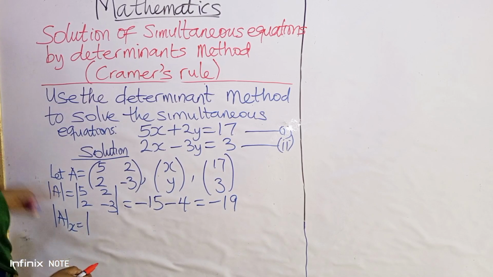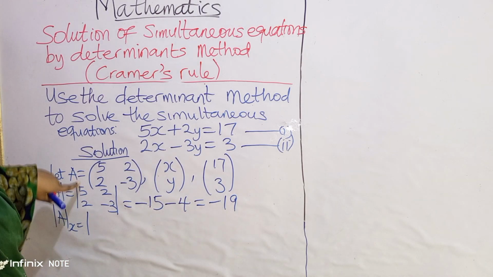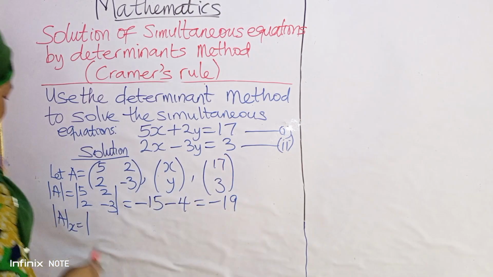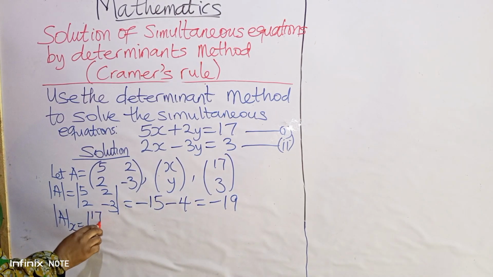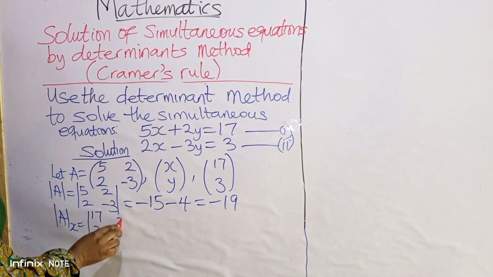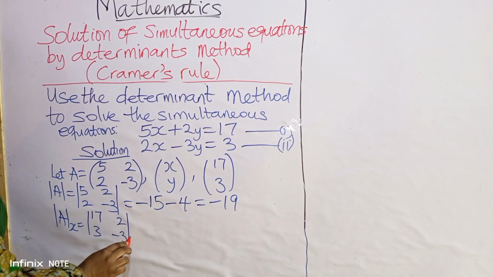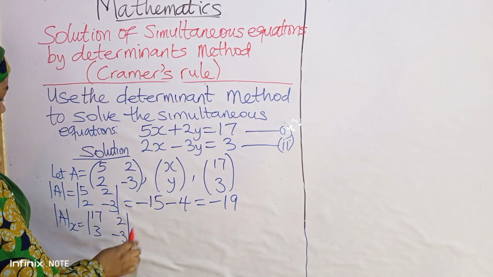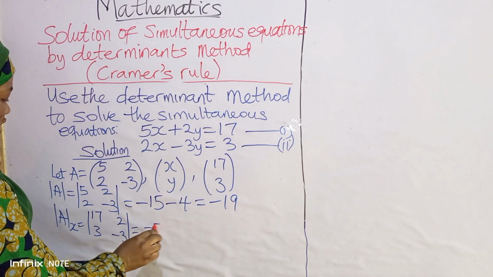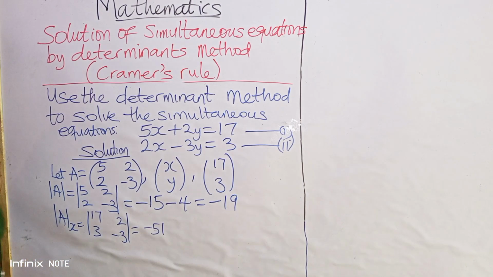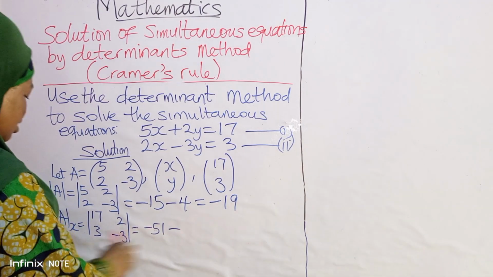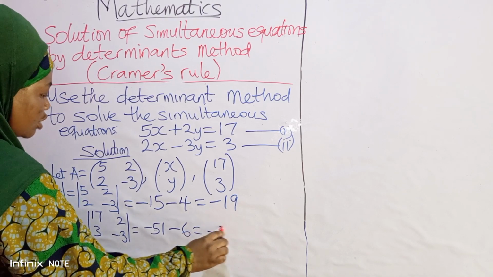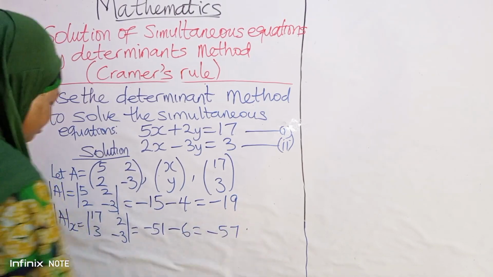I told you the first column is to be changed with the constants, that is 17, 3. So 2, minus 3 remain. Find the determinant: 17 multiplied by minus 3 is minus 51, then minus 3 multiplied by 2 is 6. So we have minus 57.